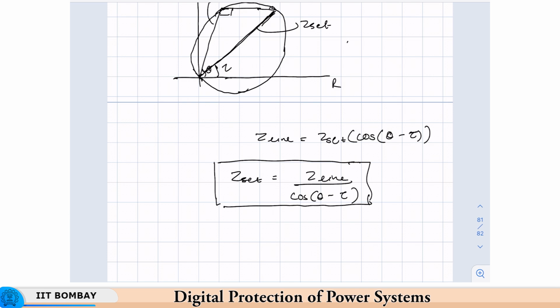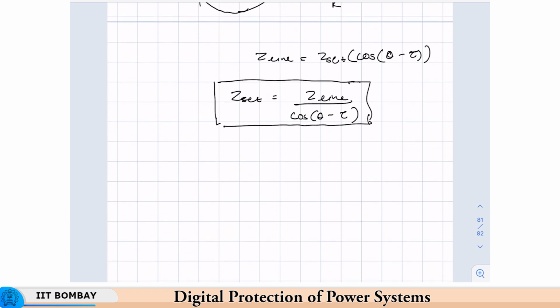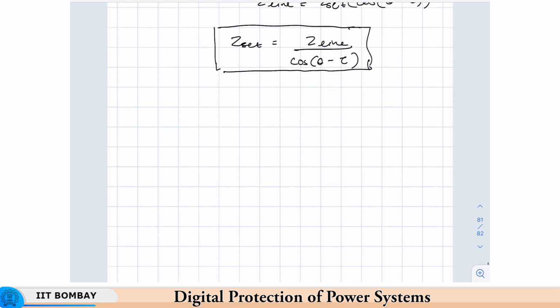Okay, now assume that this is your line AB or whatever that you want to call it, and I'll draw the line here.